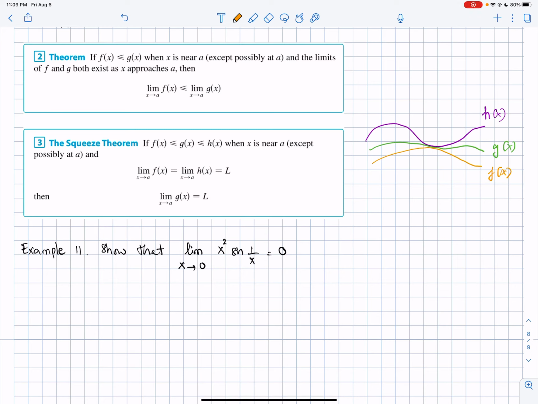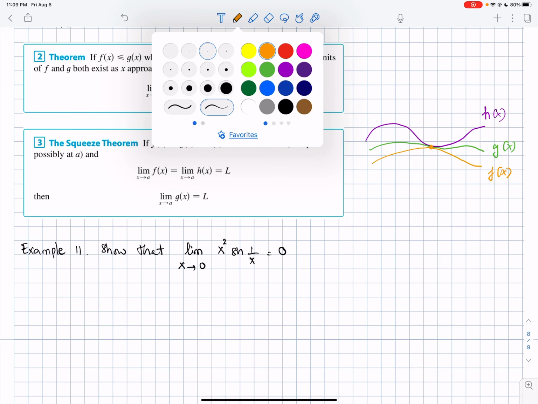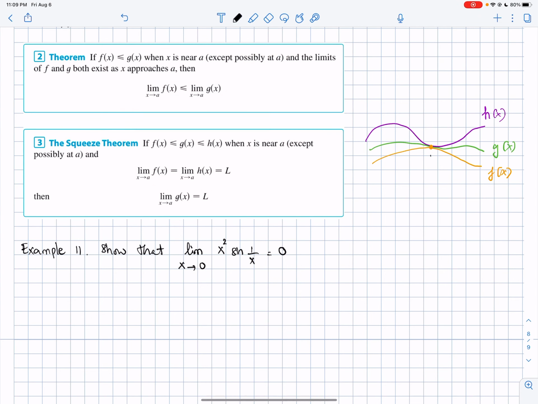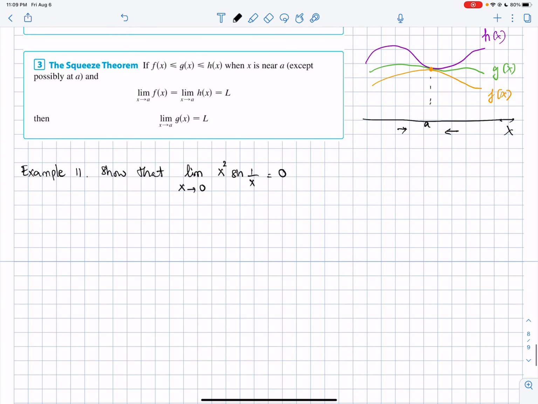The limits of the functions h of x and f of x are both the same when x approaches a. So let's assume this is a on the x-axis. Then the limit of the function g when x approaches a from both sides, left hand side and right hand side, has to be the same as the limit of h and the function f of x. We will use the Squeeze theorem idea to apply.